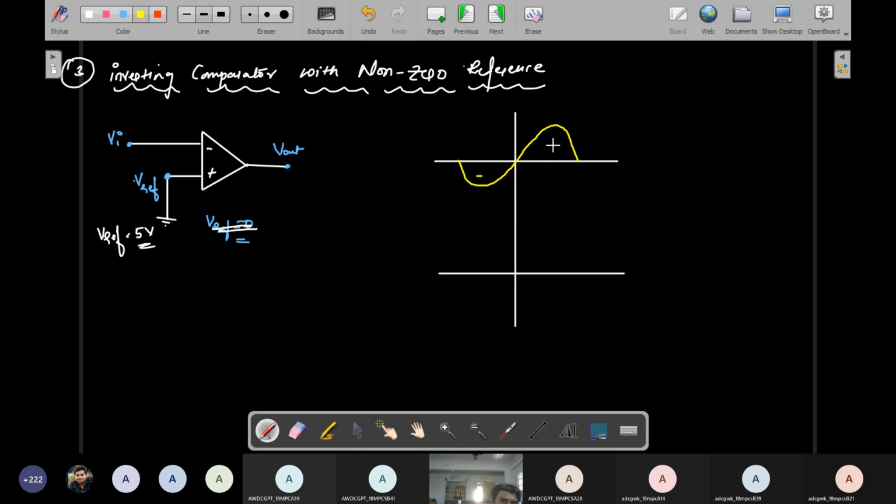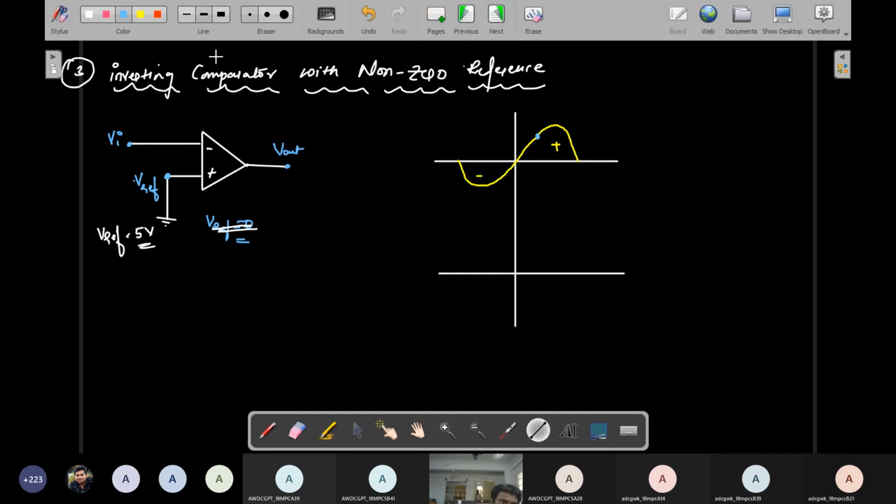The reference voltage is fixed at 5 volts, so 5 will be indicated somewhere here on this graph. This is the 5 volts representation.